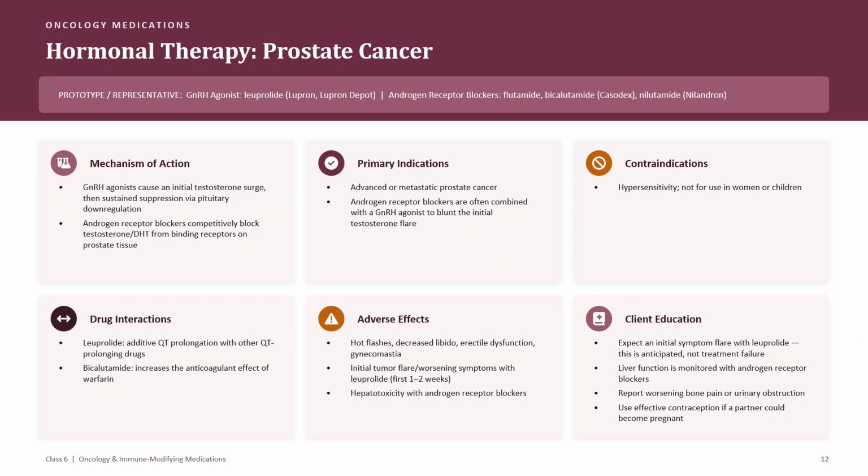Because of that surge feeding the tumor, they will see an increase in those symptoms, and then they will see a decrease. So good patient education is important with this medication so that patients don't get overwhelmed or stressed out thinking that the medication isn't working. It's doing exactly what it's supposed to do.